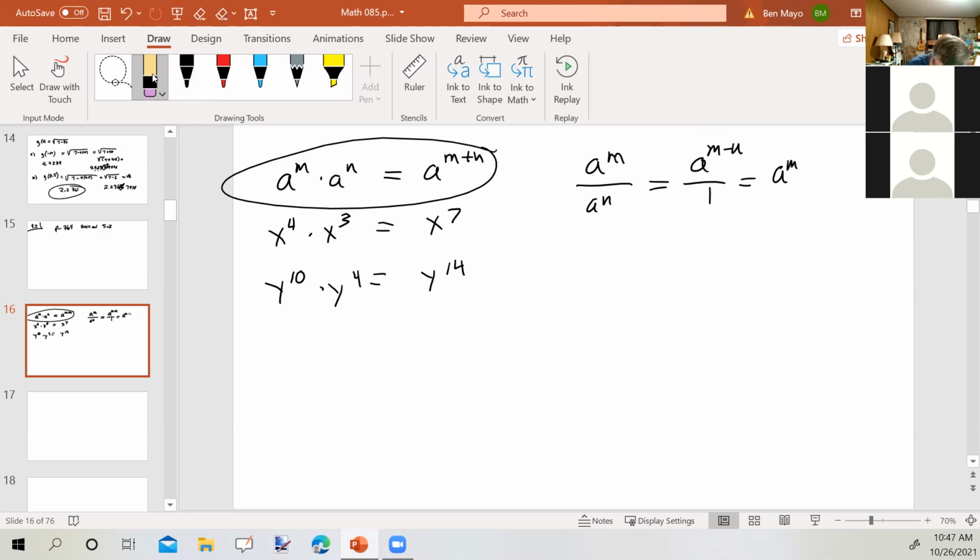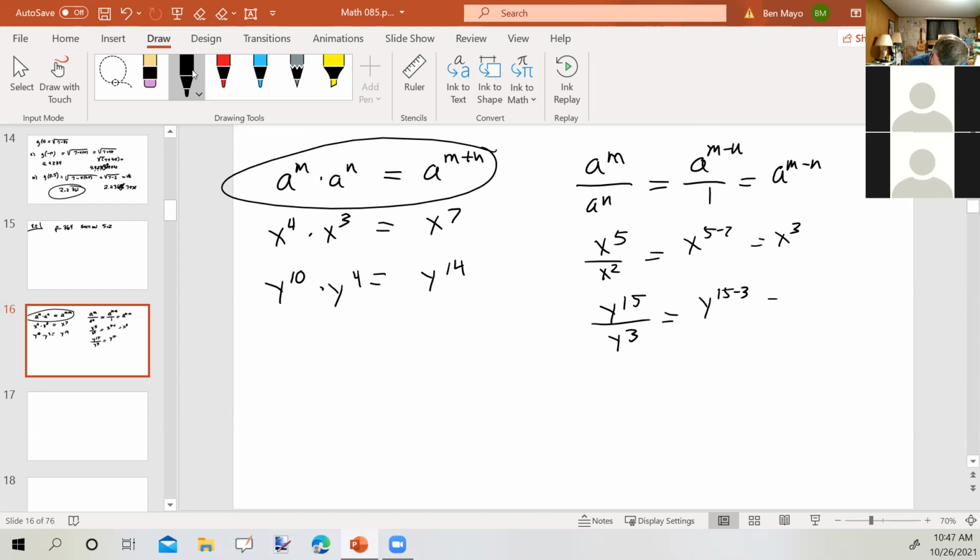That looks like a u, it's supposed to be an n. So for example, x to the 5th divided by x squared would be x to the 5 minus 2 power, or x to the 3rd power. Y to the 15th power divided by y to the 3rd power would be y to the 15 minus 3, or y to the 12th power. So there's a second rule. Any questions about that?